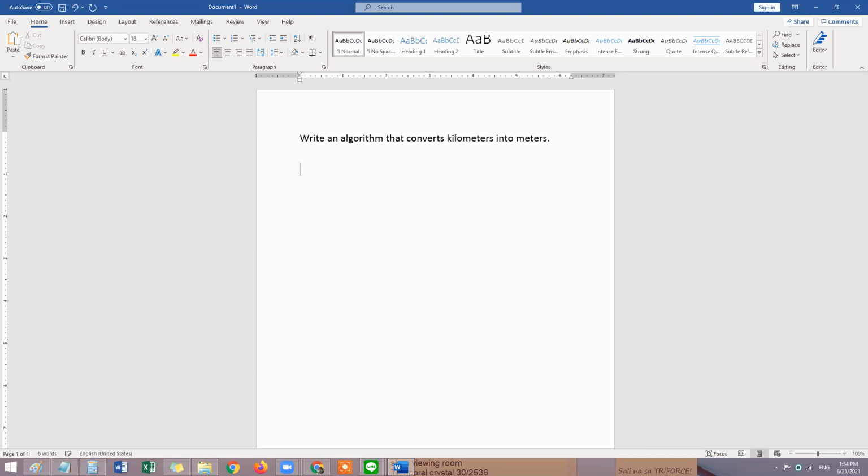Number one, let's focus on the algorithm first. What is the first step that you need to do when you convert kilometers into meters? Anyone?